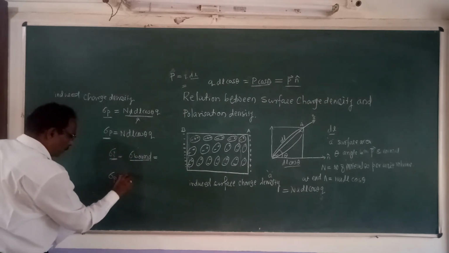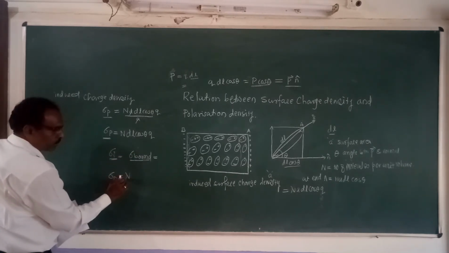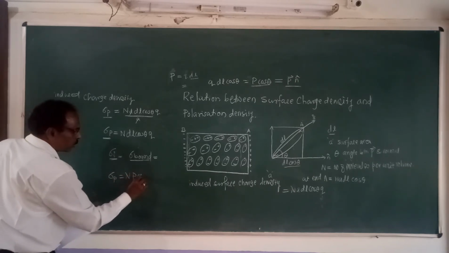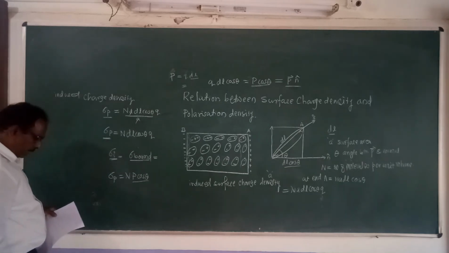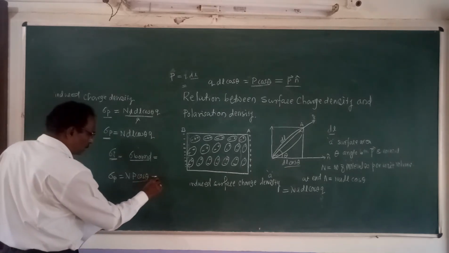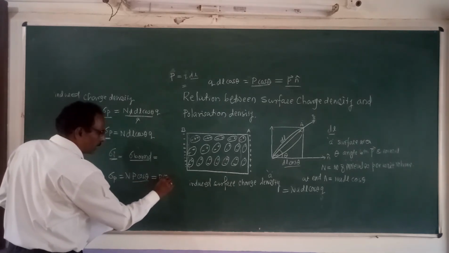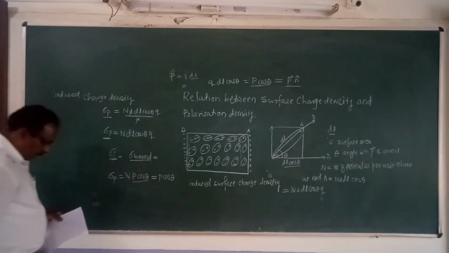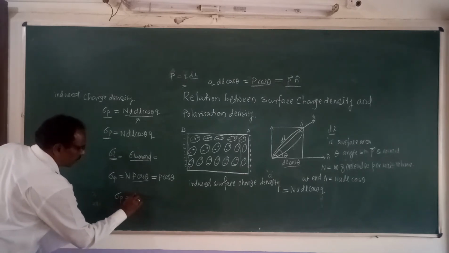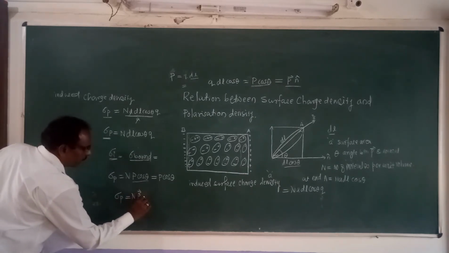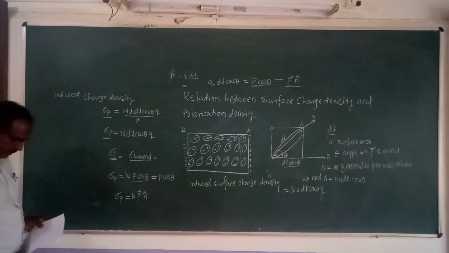It is equal to n, the number of molecules per unit volume, times P cos theta, the normal component. Now sigma p can be written as n P times the unit vector.